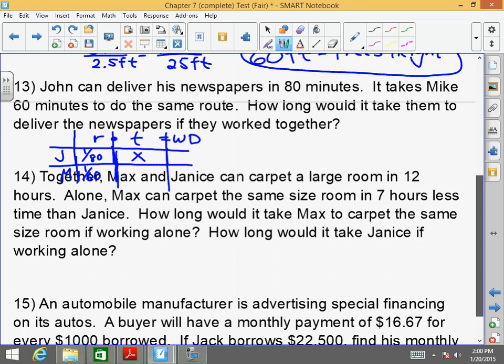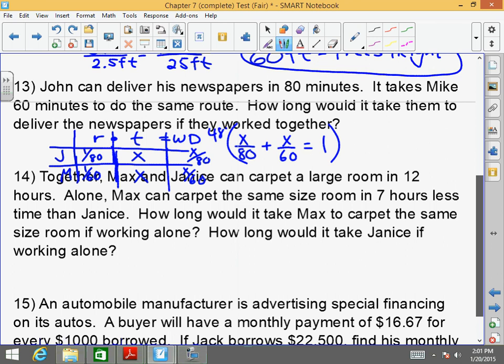I have no idea. That's why it's X. What's my work done? John will be X over 80, and Mike will be X over 60. John's work portion plus Mike's work portion gives me one complete job.